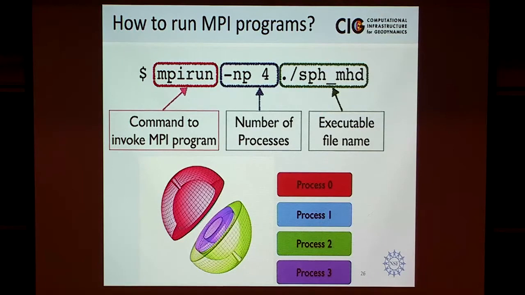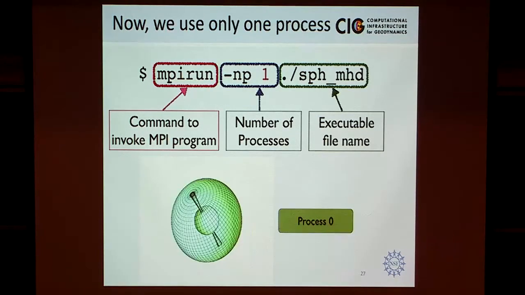Here's an example for one domain. Probably if you run this command as is, your program will stop. This example is for one domain: mpirun -np 1 sph_mhd. That's how to run a program with MPI.